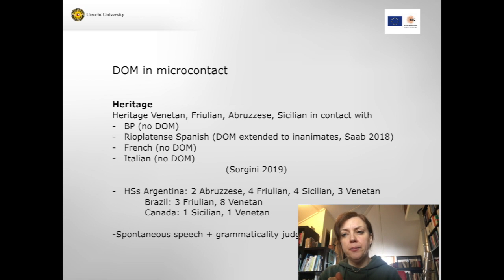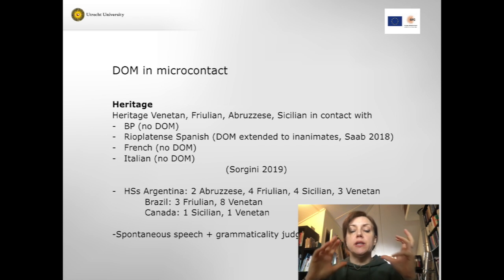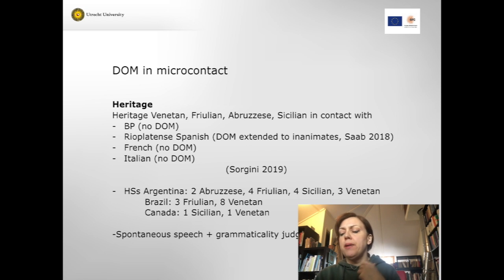But when you have Spanish, Rio Platense Spanish, for instance, you see that DOM expands, it extends. So we checked DOM varieties and non-DOM varieties in Argentina, in contact with Rio Platense, especially, which has very extended DOM, and with Portuguese and French.